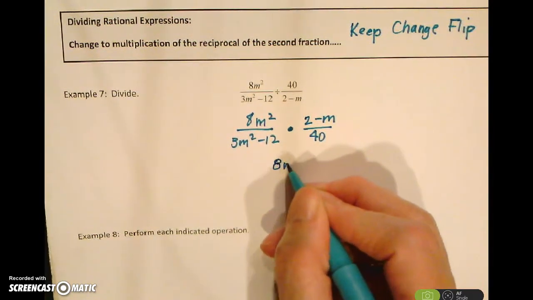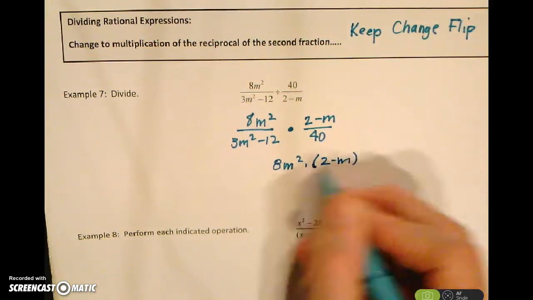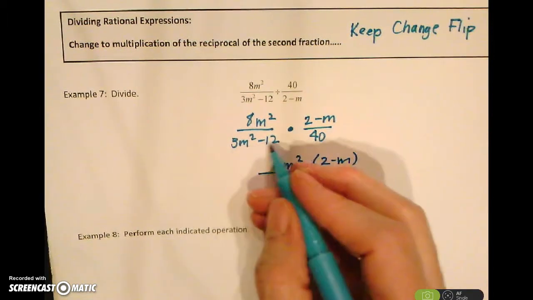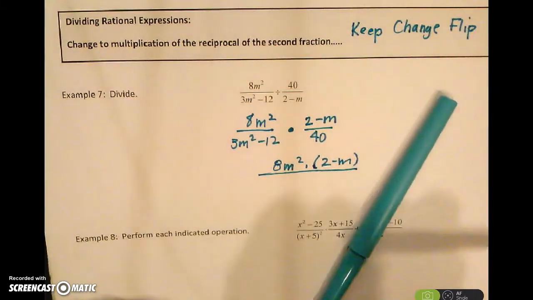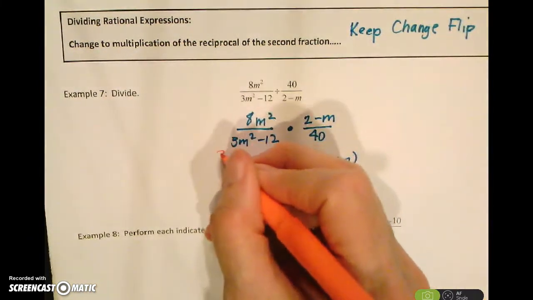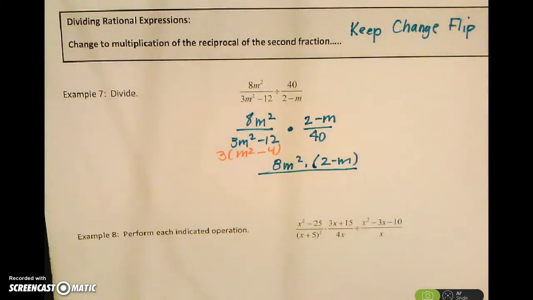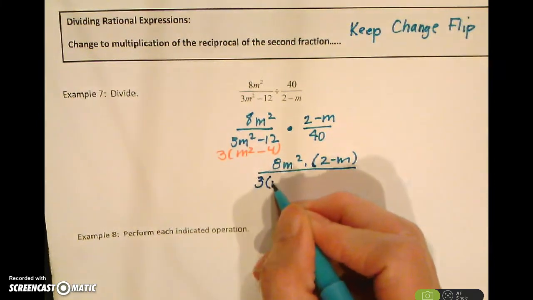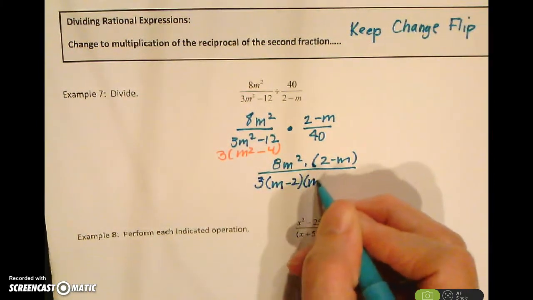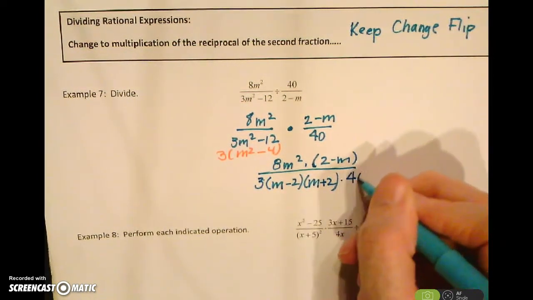So I'm going to have 8m squared times the parentheses 2 minus m divided by, here I'm going to factor this, and I'm going to remove a 3 from it, so this will be a 3, and then m squared minus 4, and then m squared minus 4 factors again because it's the difference of squares. So this is going to then become 3 times m minus 2 times m plus 2, and then times the 40.